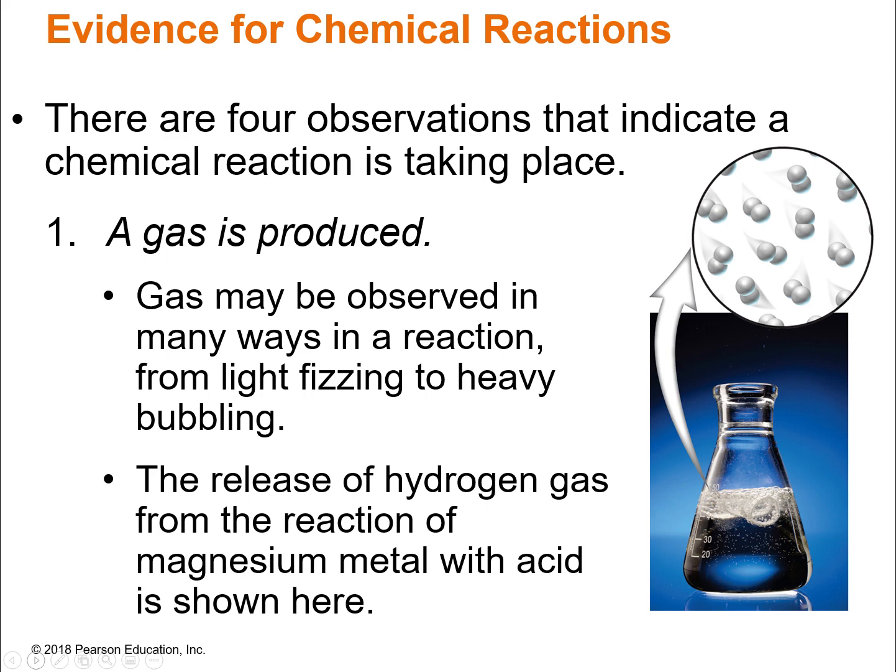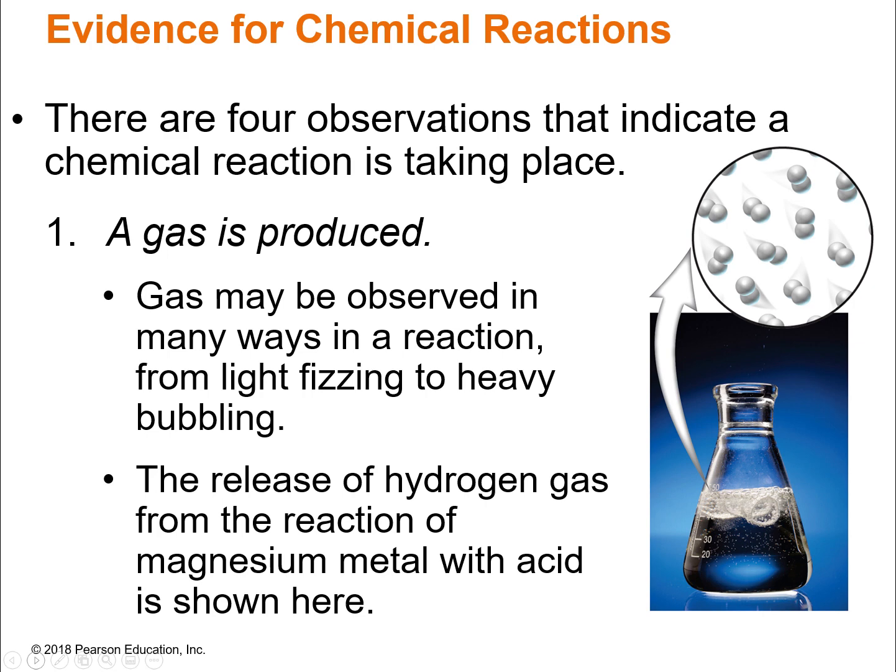First one you might see is a gas being produced. You got somebody older in your family, your nana or your pop. Sometimes you be having some stomach issues. You get an Alka-Seltzer out. You put that big white tablet into some water. You see lots of fizzing. That's a chemical reaction.